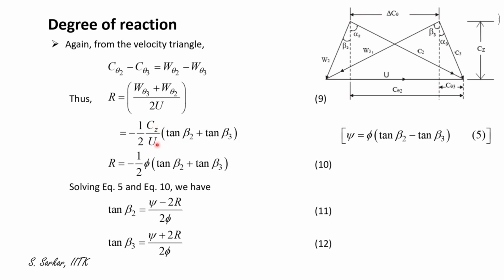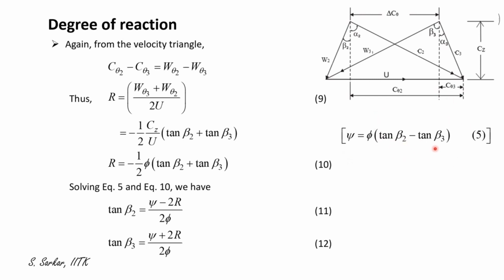Cz by U is the flow coefficient phi, so R can be expressed as minus half phi times tan beta 2 plus tan beta 3. Now we have already proved xi is equal to phi within the bracket tan beta 2 minus tan beta 3.